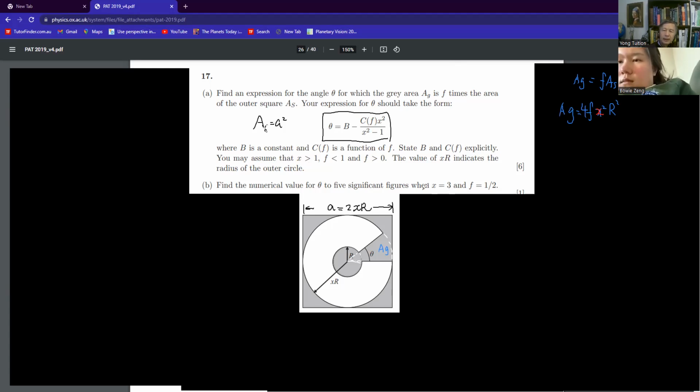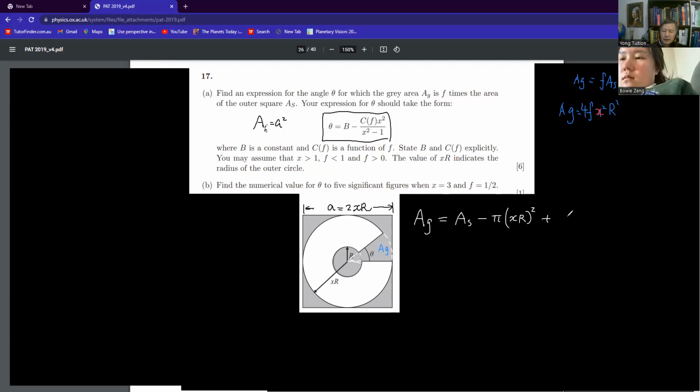Now, before you go further, can we work out the gray area? You need to work out this area formula first. It's a difference between several things, right? It's equal to the square area. Take the circle, that is XR squared, and add that inner circle.